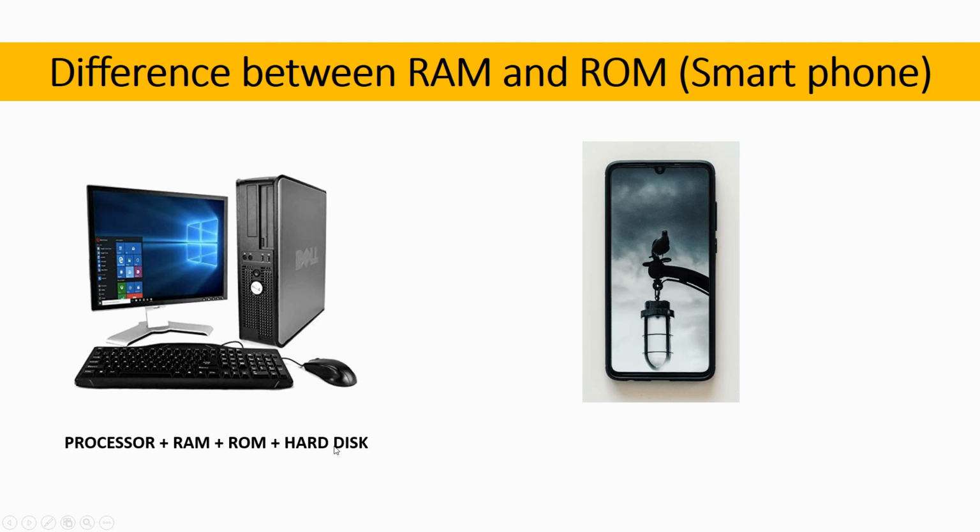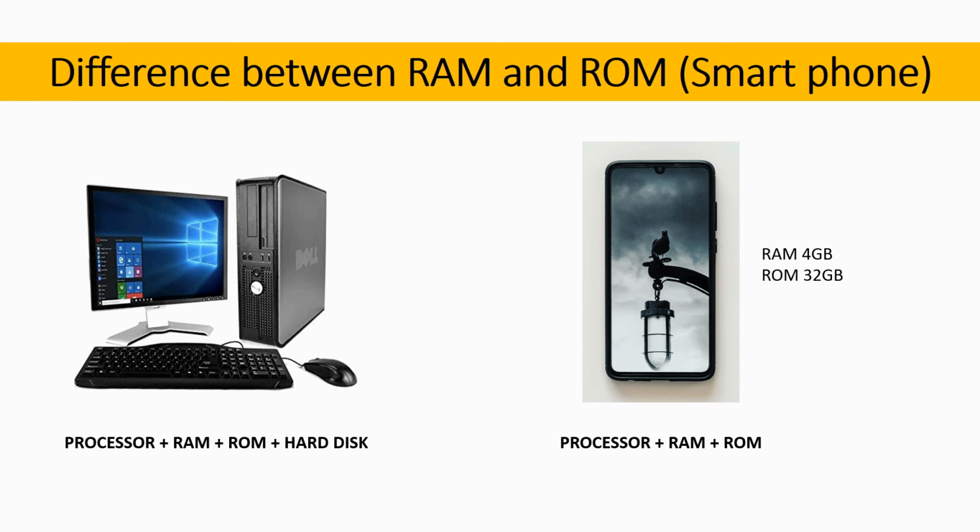But as far as your smartphone is concerned, you normally see a configuration like 4 GB RAM and 32 GB internal memory, and that is the ROM. So for the smartphone, there is a processor, a RAM and a ROM, but there is no hard disk. Now there are two reasons for it.